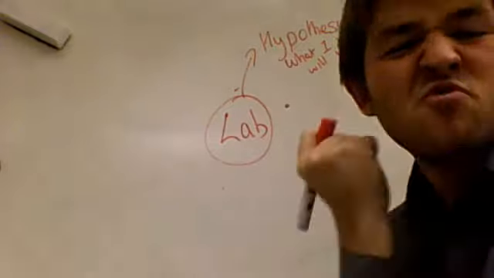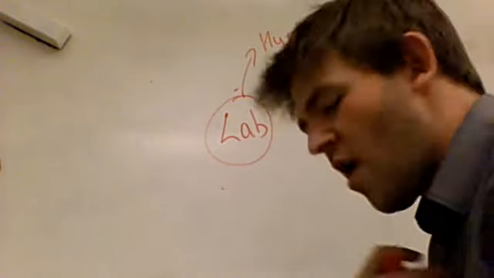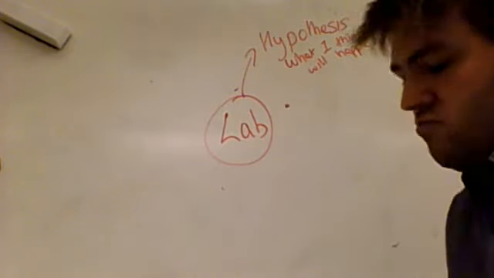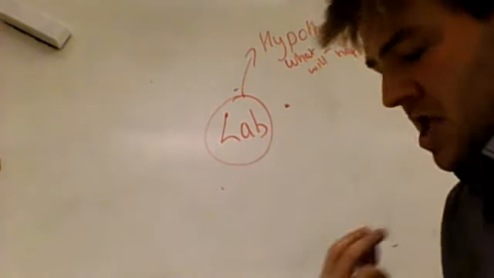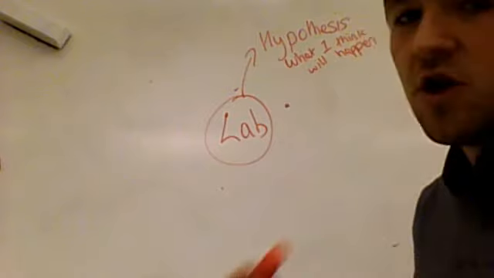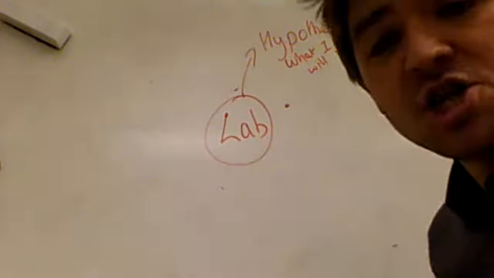You make a prediction. You try and say what will happen. If you have, for example, cold water and hot water, I think the hot water will have a higher temperature than the cold water. That's very simple. But that could be one of the ideas, possibly.